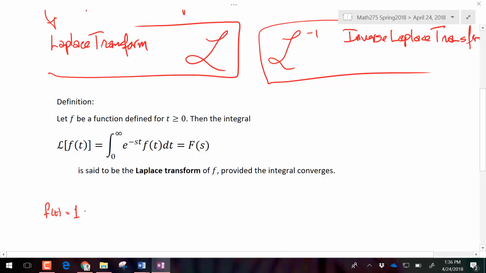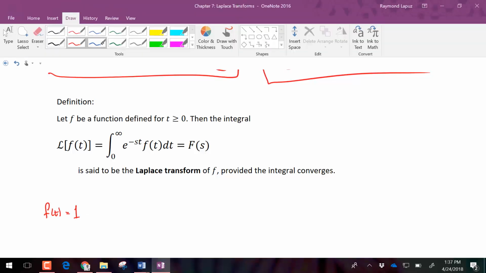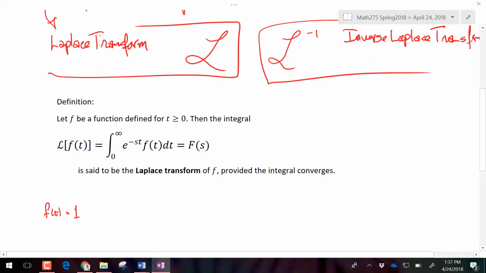So let's start off with something really simple. I don't know if this is simple, but that's the simplest we can get. When f of t is equal to 1, how is it going to go with our Laplace transform? So we're going to integrate an infinite integral e to the minus st, and then 1 times dt.